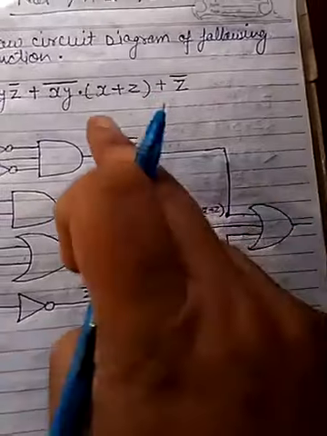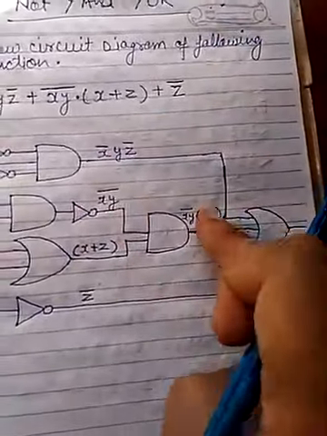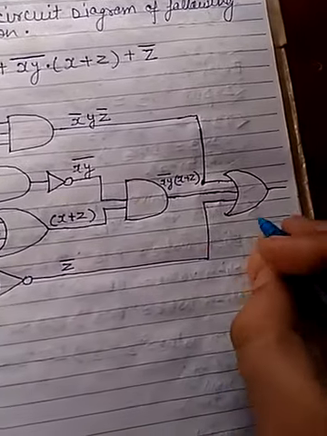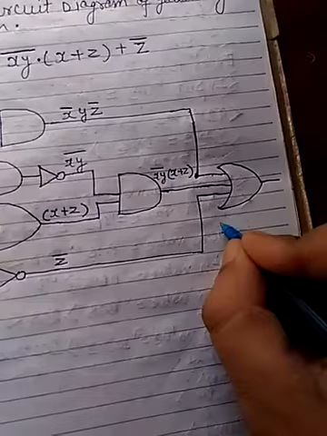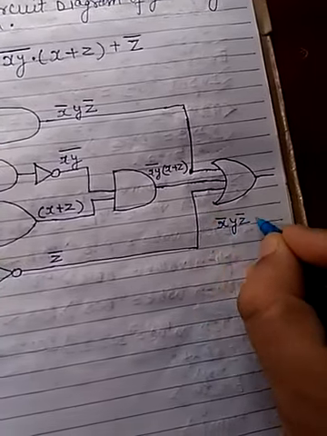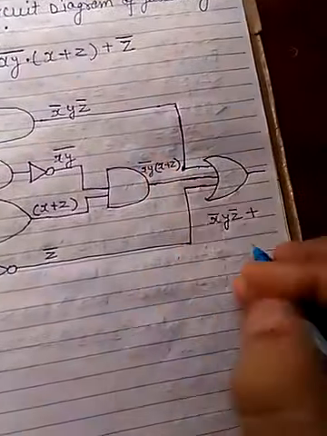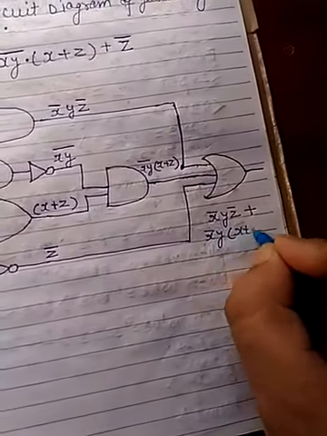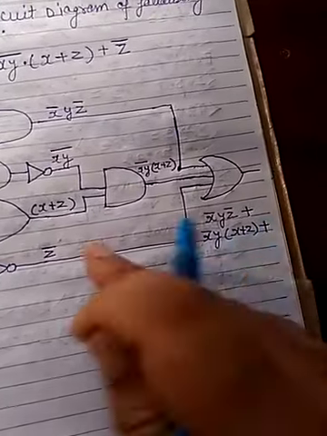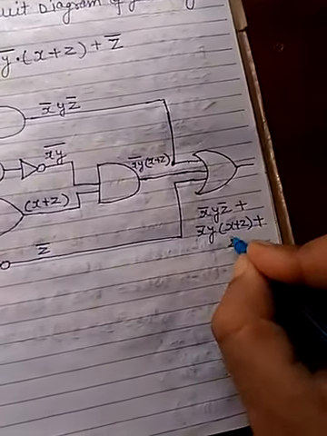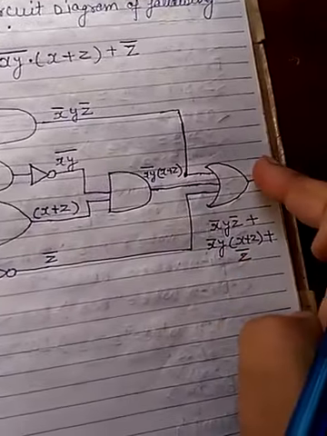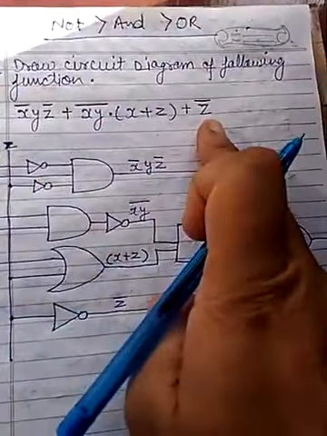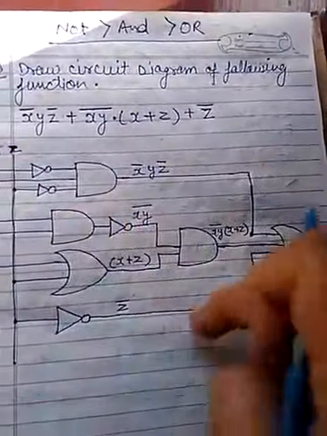Now here 1, 2 and 3 are added, so the output will be x' y z' plus the second term (xy)'(x + z) plus the third term z'. So this is the final expression over here. You are getting the same expression which you have drawn in this circuit diagram.